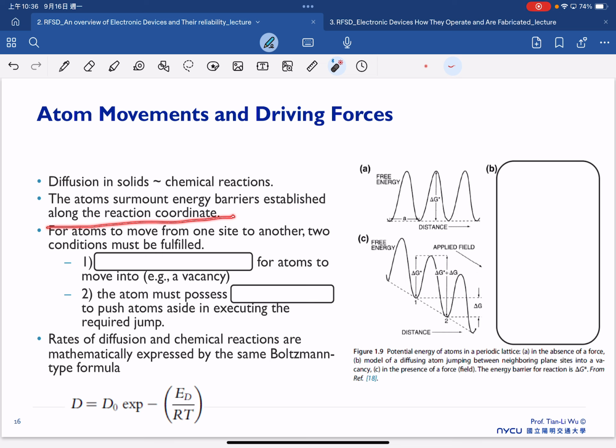So for an atom to move from one side to another, two conditions must be fulfilled. Right now, we assume we have a lattice arrangement like this, so we have lots of atoms here.